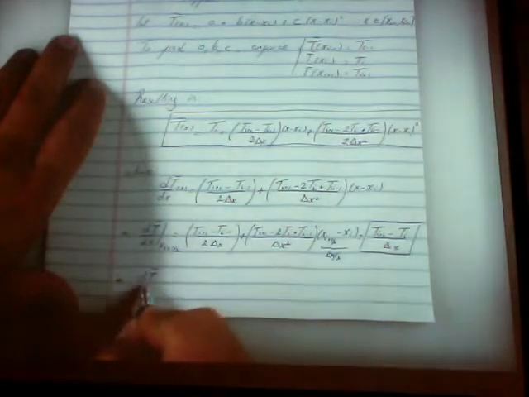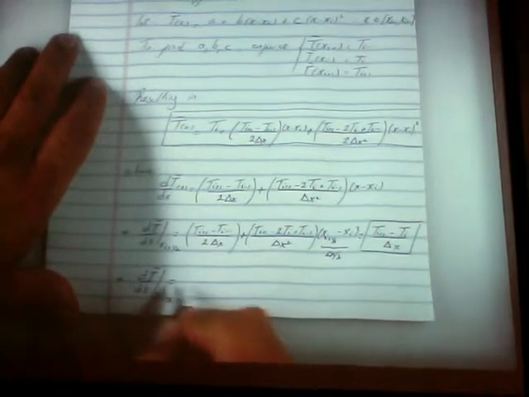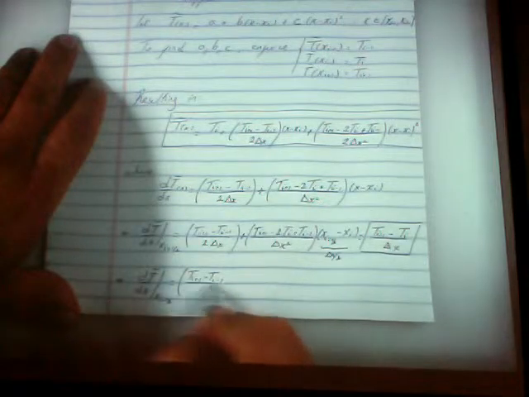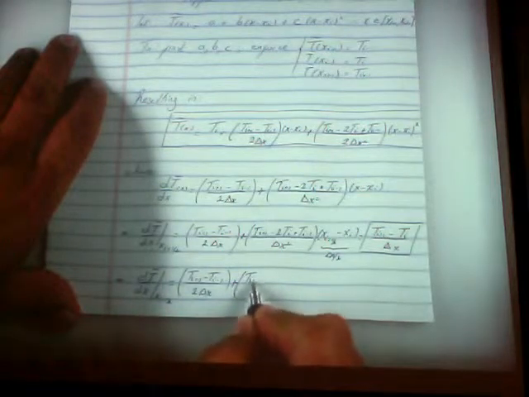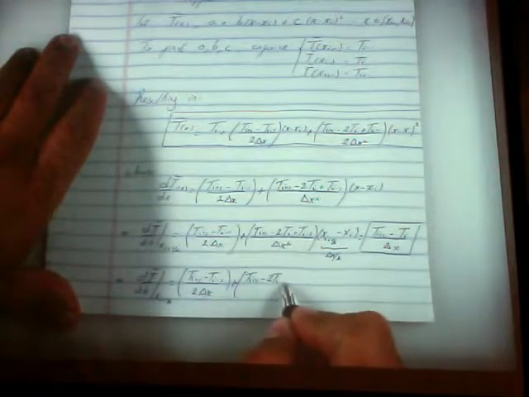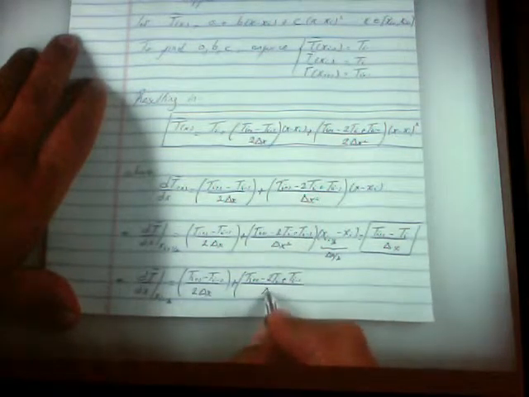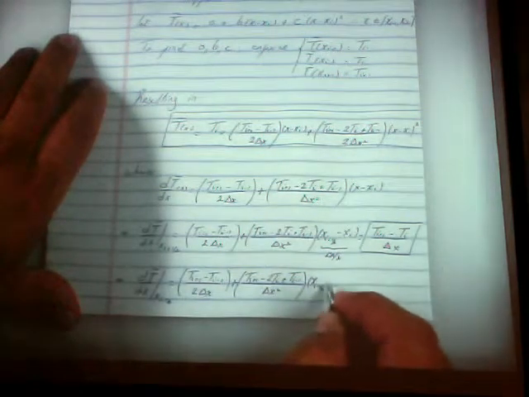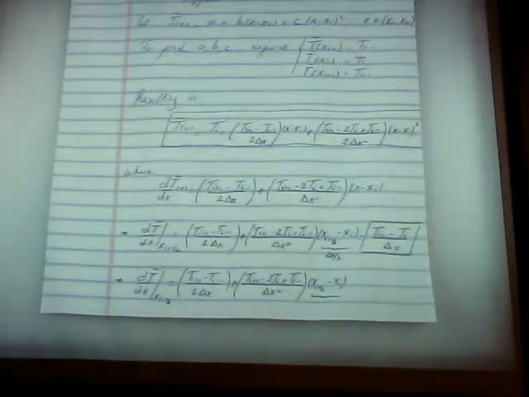And likewise, when we do dT/dx at x_{i-1/2}, this will be x_{i-1/2} minus x_i, which is, how much is that distance?